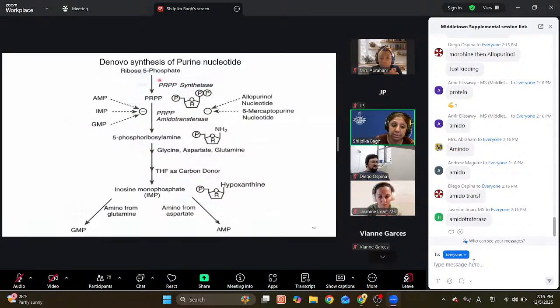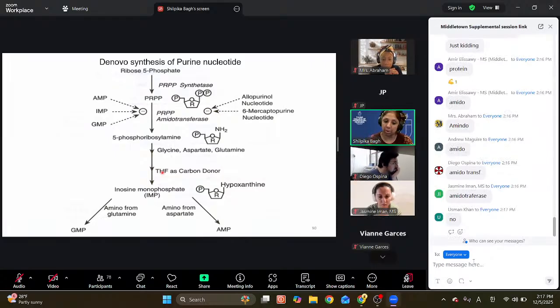Purines are smart. They first activate the sugar and then they build up the ring. You bring all the sources of the purine ring. Now, a mistake students make: though tetrahydrofolate is required for the purine ring, is tetrahydrofolate required for the pyrimidine ring?